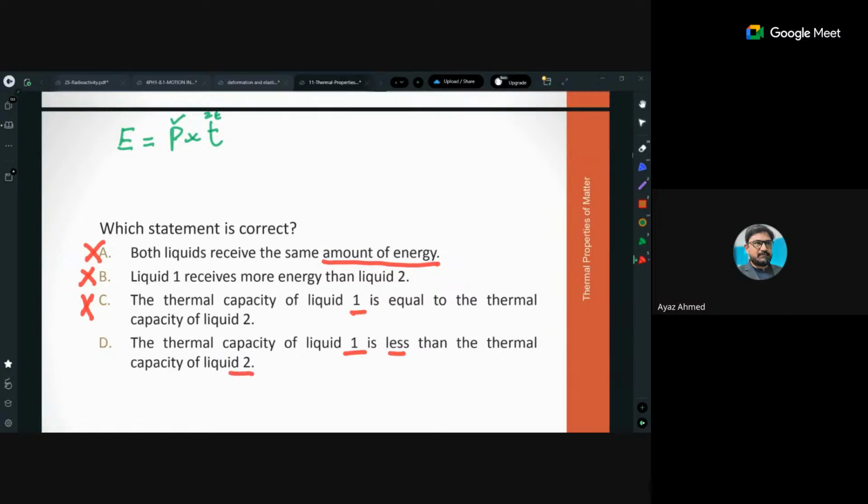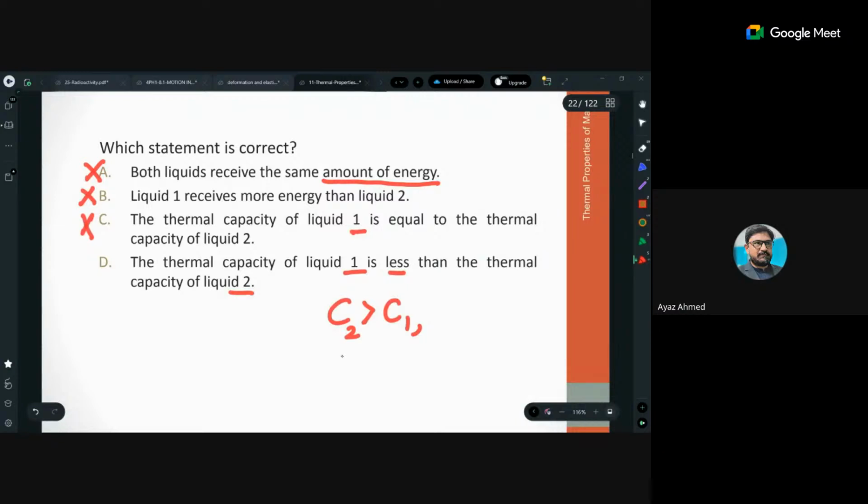The thermal capacity of liquid 1 is less than that of liquid 2. That is correct. Because if C2 is greater than C1, then the time taken for liquid 2 to increase its temperature will be less than for liquid 1? Got it? That liquid which has more capacity would take more time. Sorry, it will take less time.